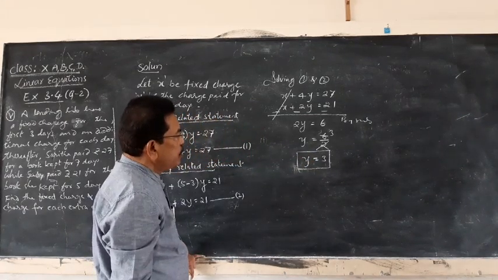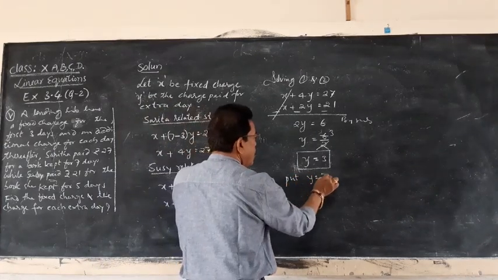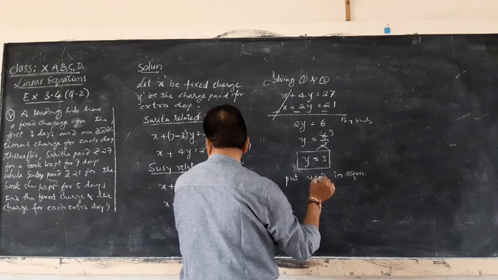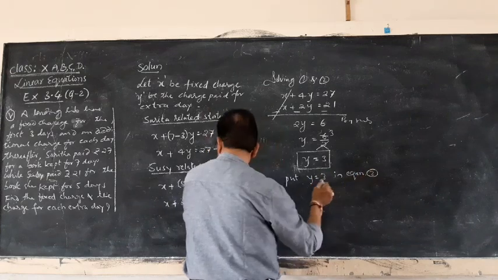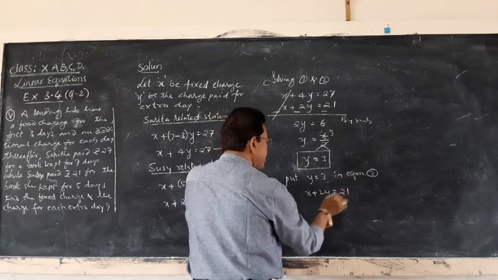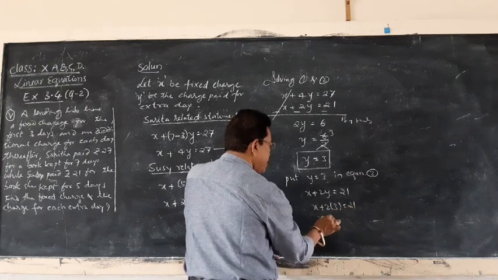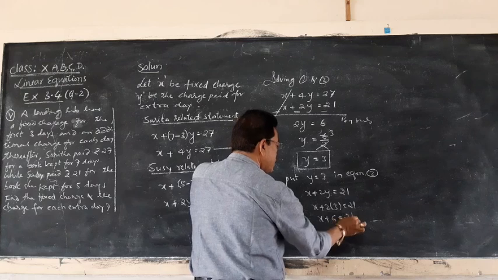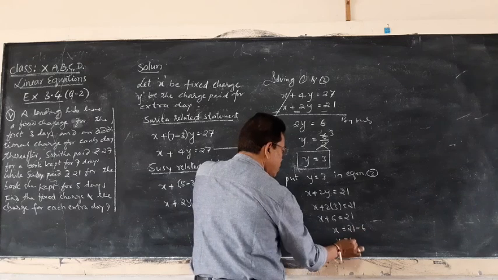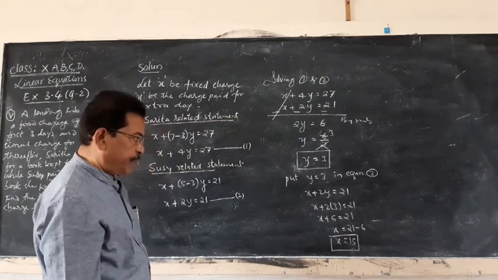Then put y equals 3 in equation 2. x plus 2y equals 21. x plus 2 into 3 is 21. x plus 6 is 21. x equals 21 minus 6. x equals 15.